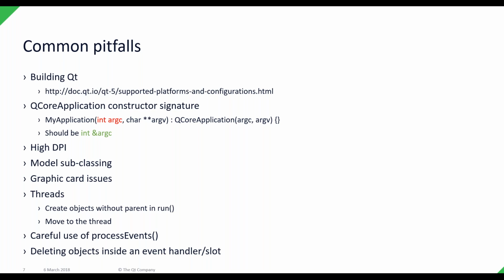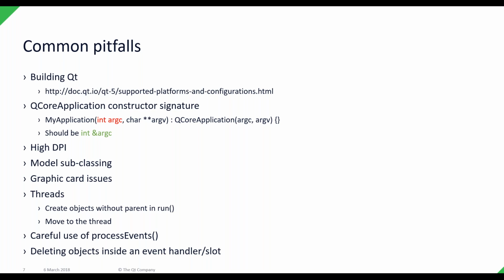When it comes to graphics card issues, this is typically a problem more for Windows desktop because we find a lot of the graphics cards or drivers there are not able to provide the level of OpenGL that we require for QML. So we do try to have a fallback in those cases.